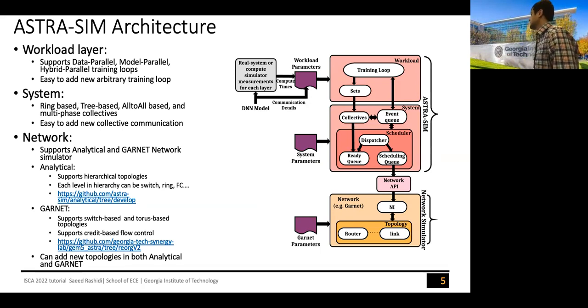The Analytical backend is very fast and supports various hierarchical topologies like 2D or 3D topologies, where in each dimension you can specify the kind of topology that you want. As I said, it is very fast, but it is accurate for congestion-less communication patterns.